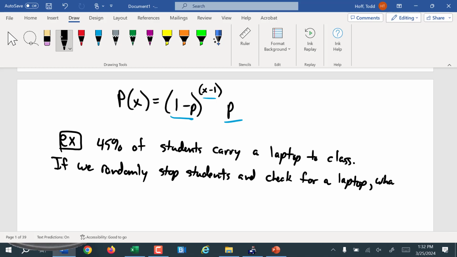What is the probability that the fourth student will be the first one with a laptop?